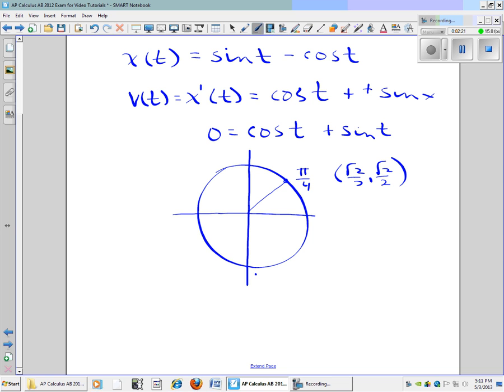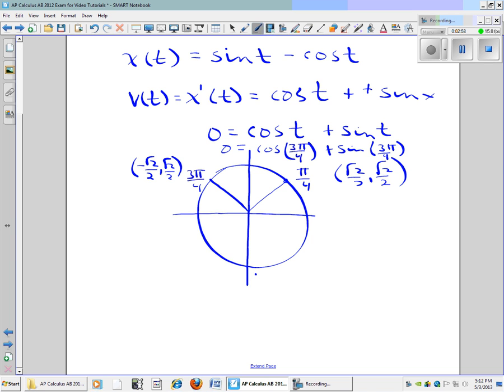They're both positive. So let's go to the next one that's like that, and that would be if we go from 1 pi over 4 to 2 pi over 4 to 3 pi over 4, we'll see that that coordinate is a negative square root of 2 over 2 and a positive square root of 2 over 2, and that's going to give me 0. So again, if I had the cosine of 3 pi over 4 plus the sine of 3 pi over 4, I'll get 0.